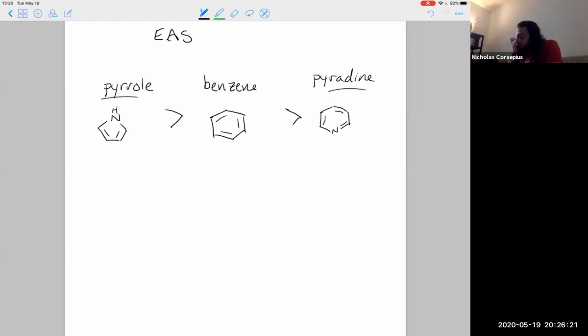Okay. Pyrrole has this nitrogen which has a pair of electrons that's actually participating in the aromaticity of that ring. The pair of electrons on pyridine is not participating in that ring, right? These guys live in an sp2 orbital.